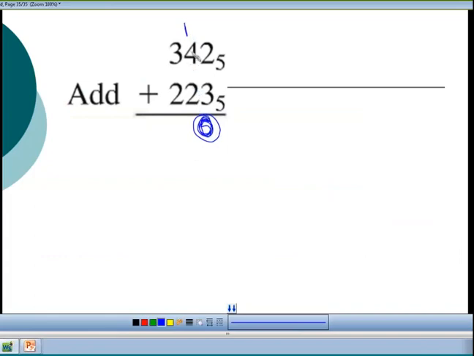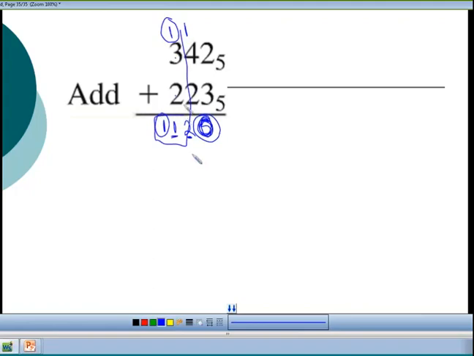So here we're going to add, we have 4 plus 1 is 5, 6, 7. So what you do is you put a 2, and you carry the 5. In other words, this represents 5, plus 2 is the 7. Then you add again here, 3 plus 2 is 5, plus 1 is 6, so we put a 1. And just like any other number bigger than 10, this represents the 5 and the 1 to be a total of 6 for this column.